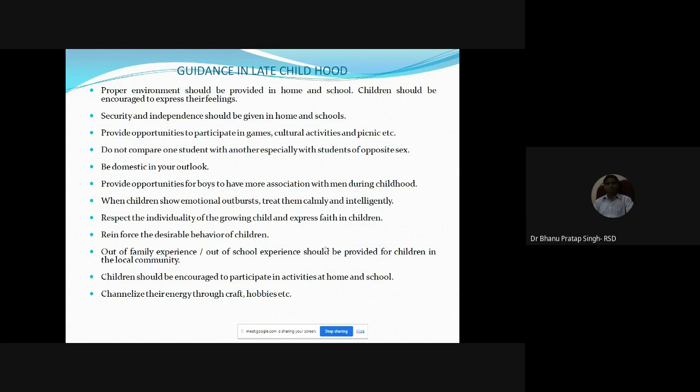Respect the individuality of the growing child and express faith in children. Reinforce the desirable behavior of children. Out-of-family and out-of-school experience should be provided for the children in the local community, and children should be encouraged to participate in school as well as at home.